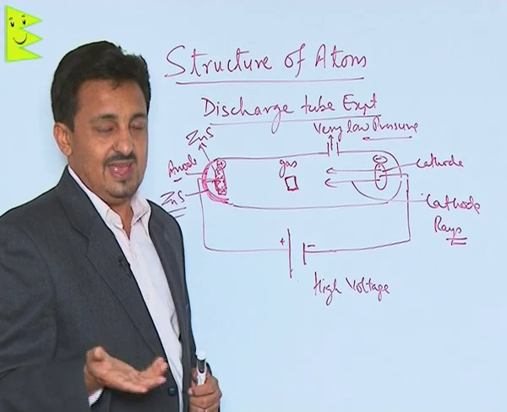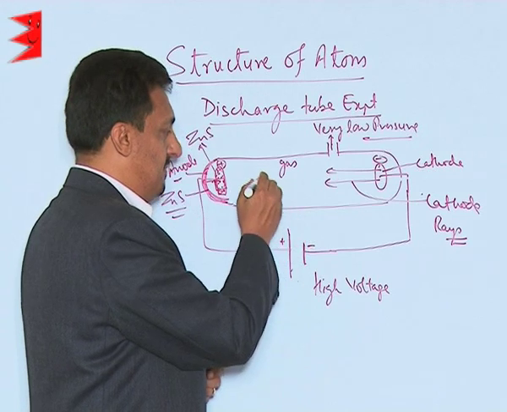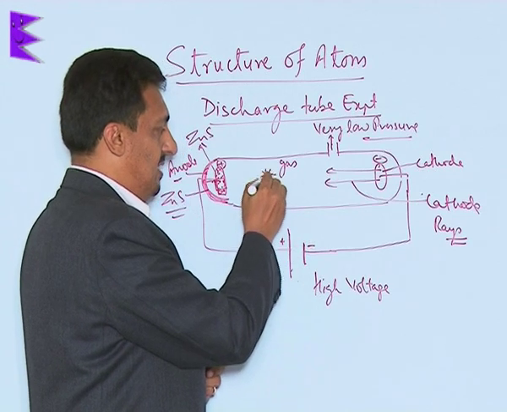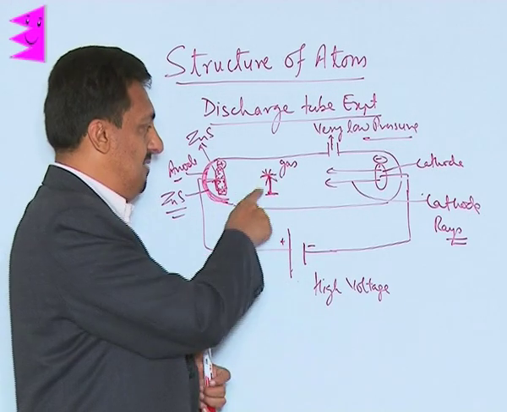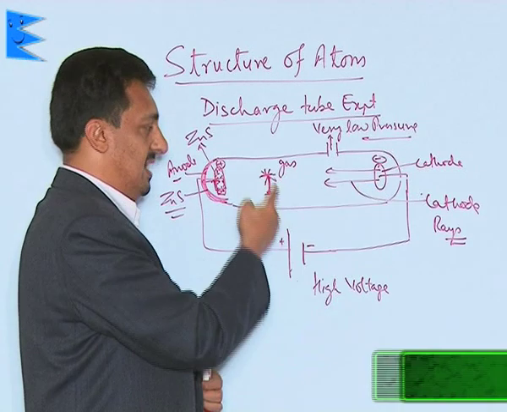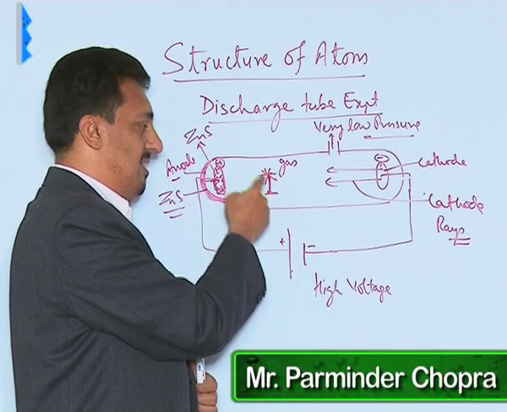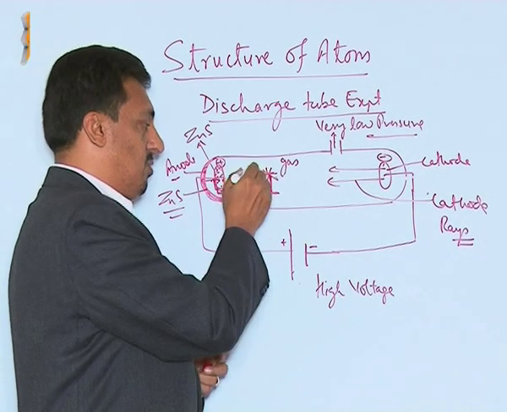Then whether they are made up of any particles or they are just electromagnetic radiations like normal light, that was concluded by placing a paddle wheel at the center of this experiment. When the paddle wheel was placed in the center of this experiment and the rays were coming out from this side, they strike the paddles of this wheel, and they make this wheel rotate.